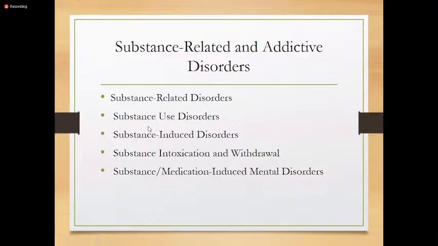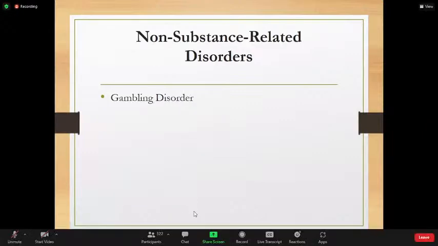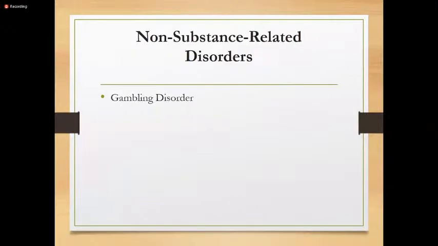Then we have our substance-related and addictive disorders. You have substance-related, substance use, substance-induced, intoxication, and withdrawal. The substance-related disorders are further grouped into the different categories of substances, ranging from alcohol, caffeine, cannabis, hallucinogens, inhalants, opioids, sedatives, stimulants, tobacco, and then the non-substance-related disorders like gambling disorder, which has become a big problem in our country.